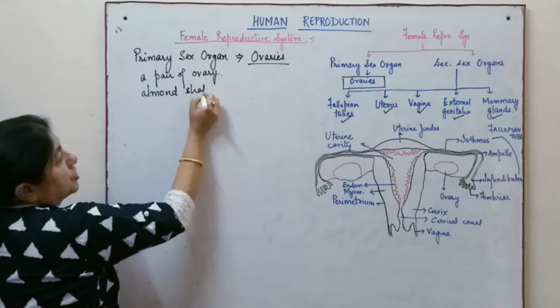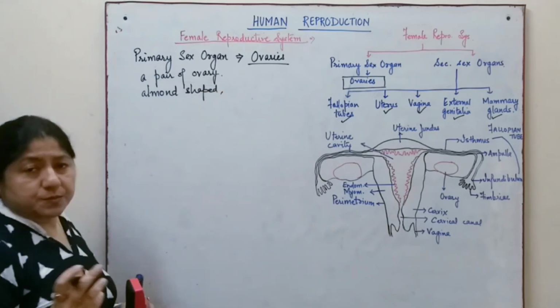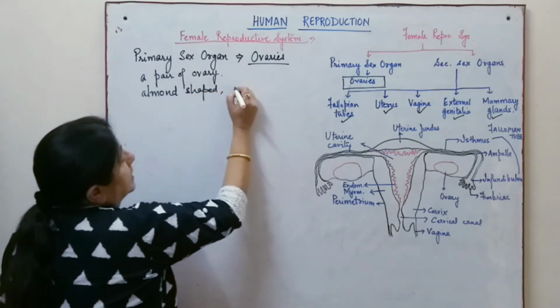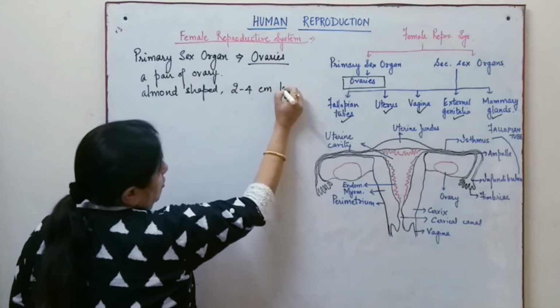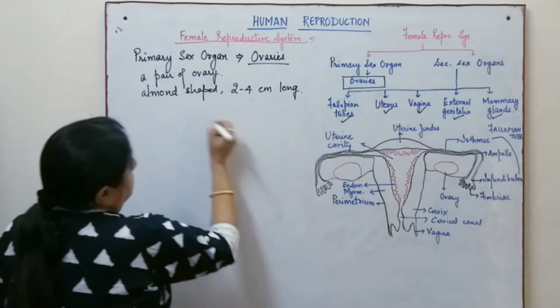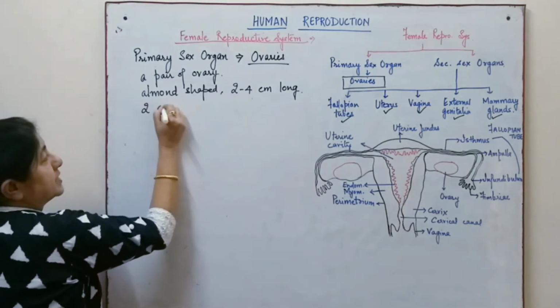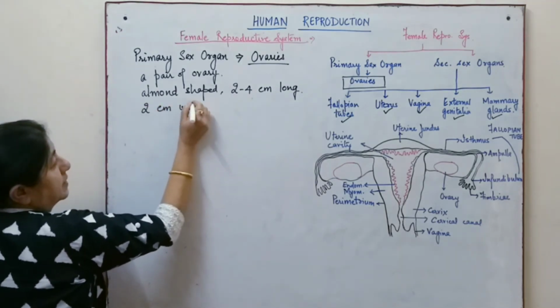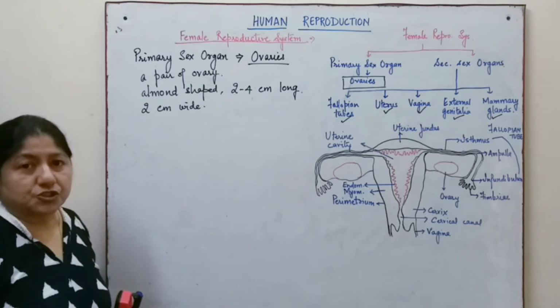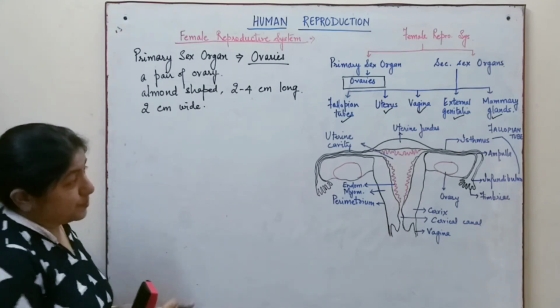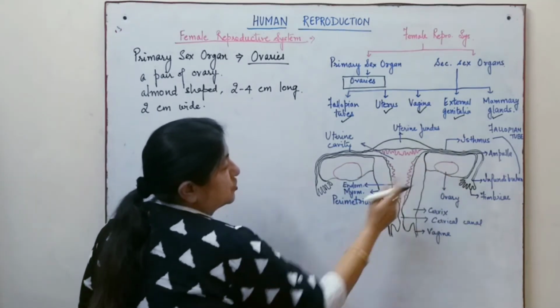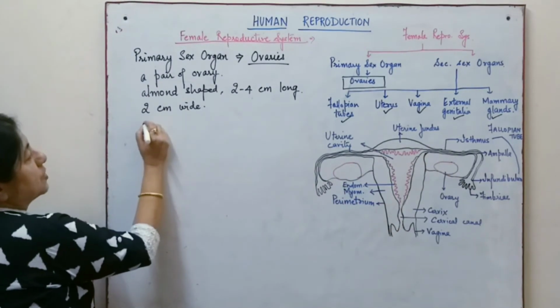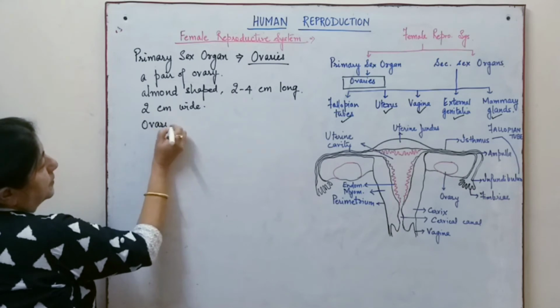It is a small structure, approximately 2 to 4 centimeters long and 2 centimeters wide. It is present in a depression of the pelvic region, which is known as the ovarian fossa.